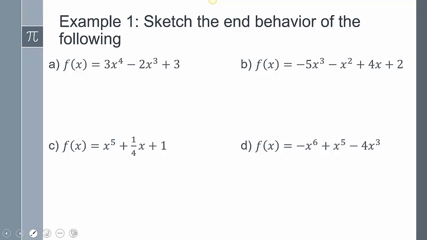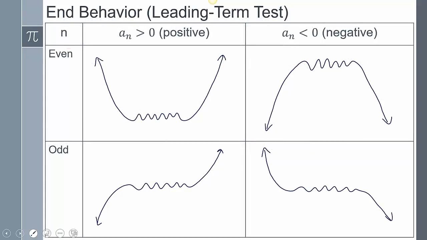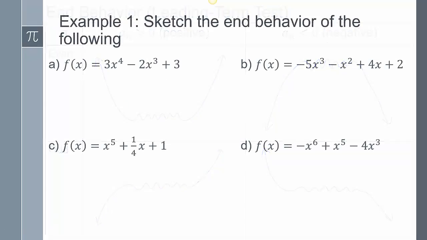For this first example, it says sketch the end behavior of the following. What I need to look at is the degree and the leading coefficient. My degree is 4, my leading coefficient is 3. Looking back at this, 4 is even, and 3 is positive, so my end behavior is going to be that shape.